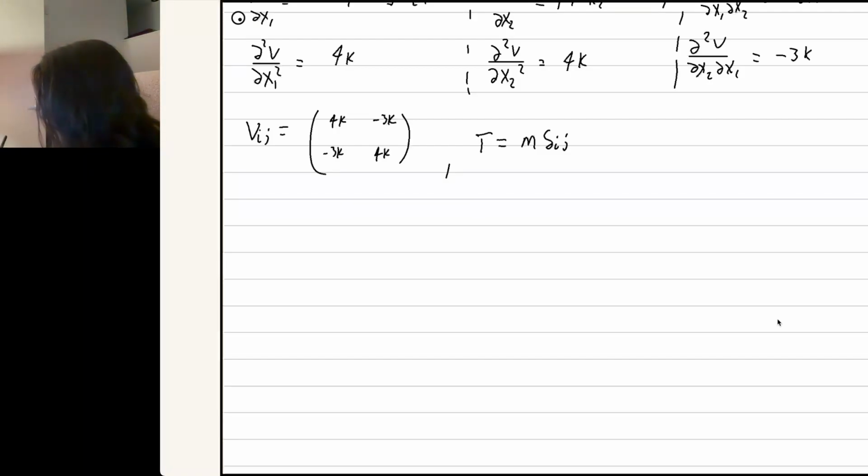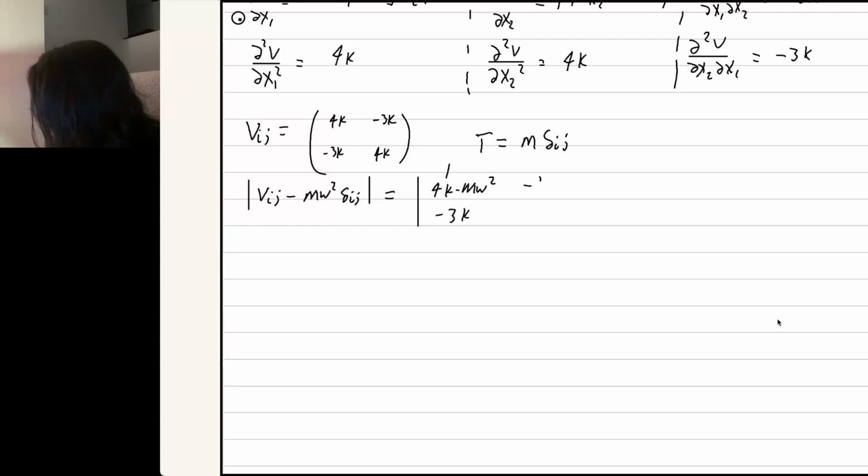So then this minus m omega squared delta_ij, the identity tensor, we can write as 4k minus m omega squared, minus 3k, minus 3k, and then another 4k minus m omega squared, is equal to 0.